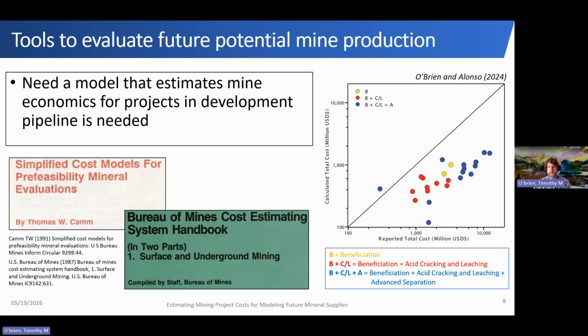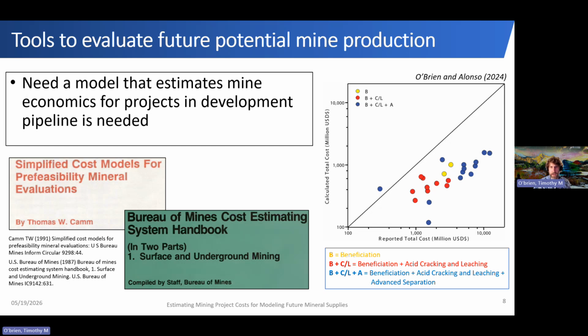And what I did is take all the cost information from 25 or so mineral commodities, which you see on this chart to the right. This is a one-to-one chart where we're looking at the reported total costs from the feasibility studies for those projects versus the calculated cost using this model by Thomas Camp.